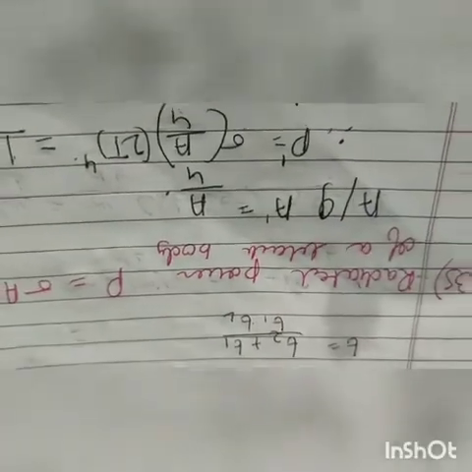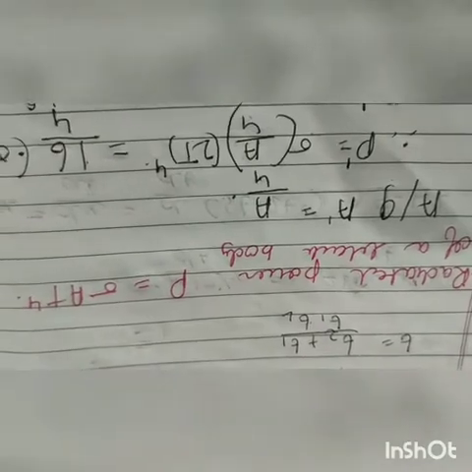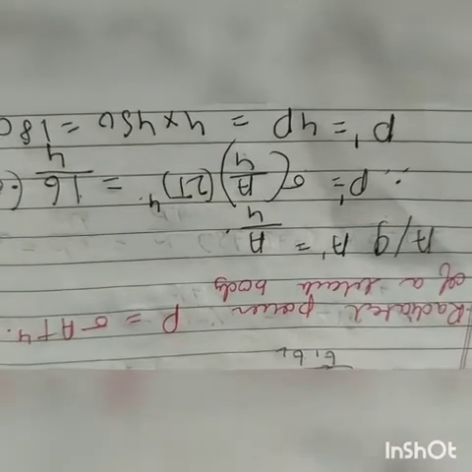Now question number 35. A spherical black body with radius of 12 cm radiates 450 watt power at 500 Kelvin. If the radius were halved and temperature doubled, the power radiated in watt would be? We have radiated power P equal to σAT⁴. According to the question, the area is A by 4 and the temperature is 2T.